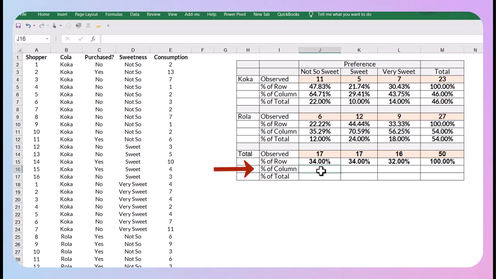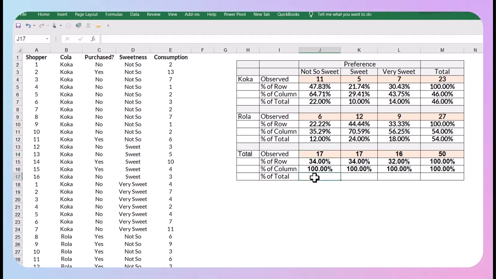This one is always weird, this percentage of column for total, because it's the column total divided by the column. So all of these will always be 100%. That's simply because I'm dividing the column total by the column total.